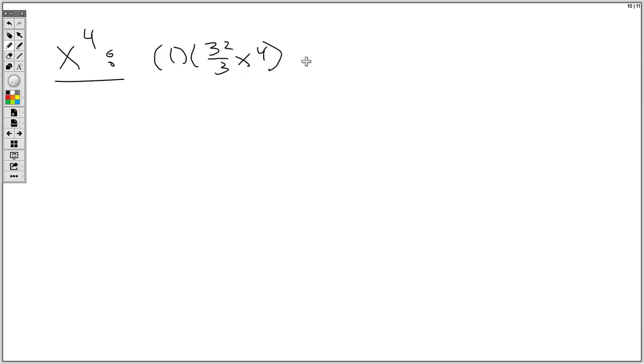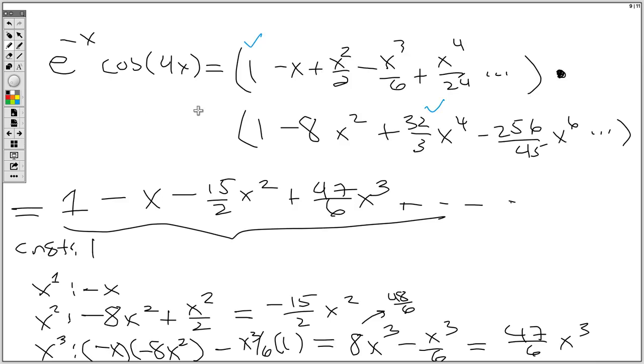Now we move on. Can I multiply minus x times anything over here and produce an x to the fourth? No, because all these are even powers, so I'm never going to get an x to the fourth out of it. Good.